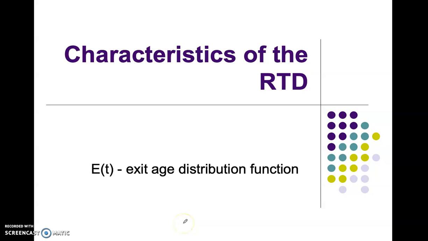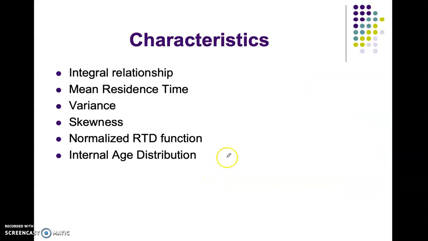Now we go to the next part of the RTD, which is the characteristics of RTD. RTD will give you some characteristics for diagnosing your reactor. Some of the characteristics, the main one that you will see, is the mean residence time.